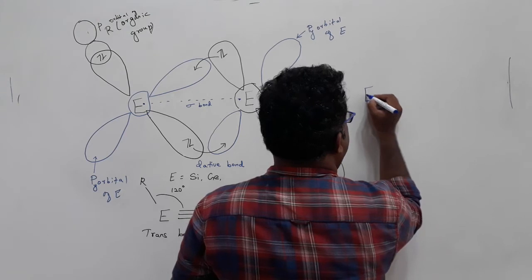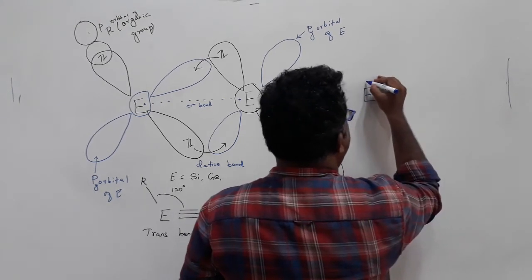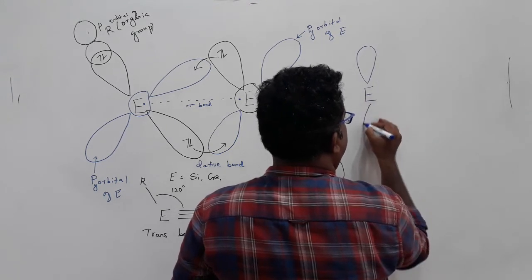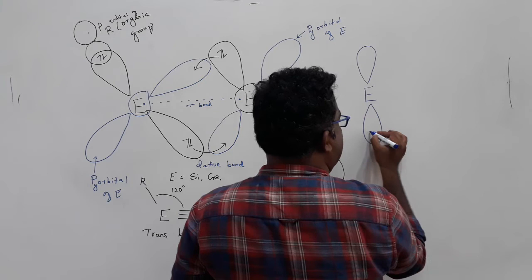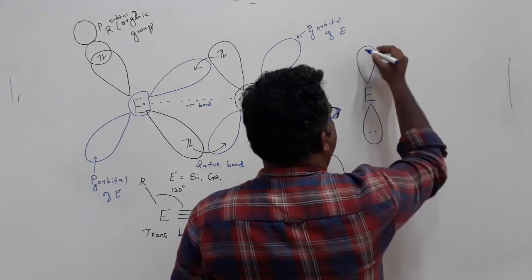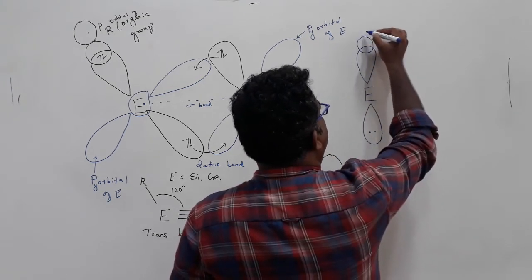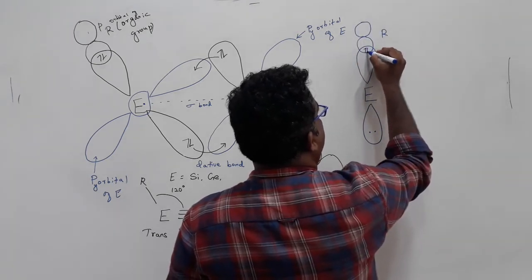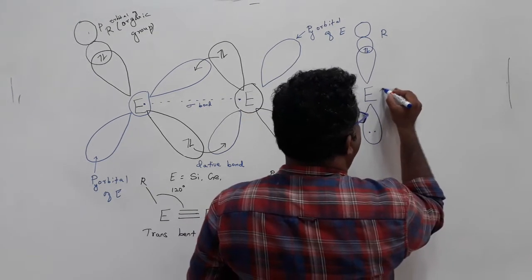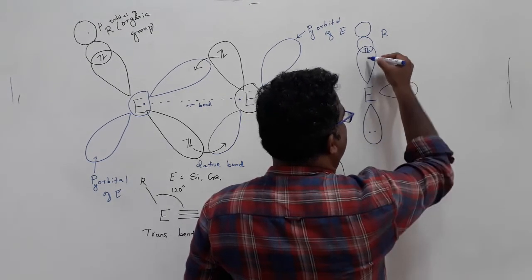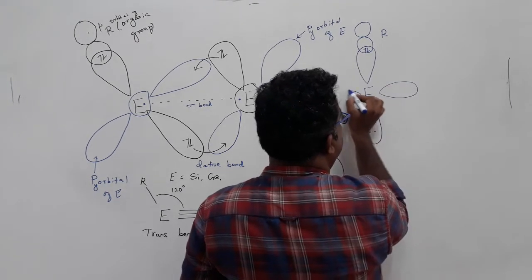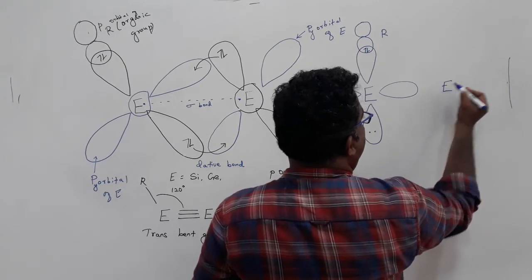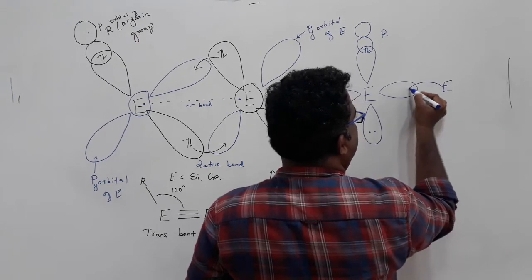Again, you have E, you have an sp hybrid orbital. The sp hybrid orbital has a pair of electrons, and there is one p orbital. This one is the R group. And you have one p orbital which is perpendicular to the sp hybrid orbital. It can overlap with the nearby E having a p orbital.